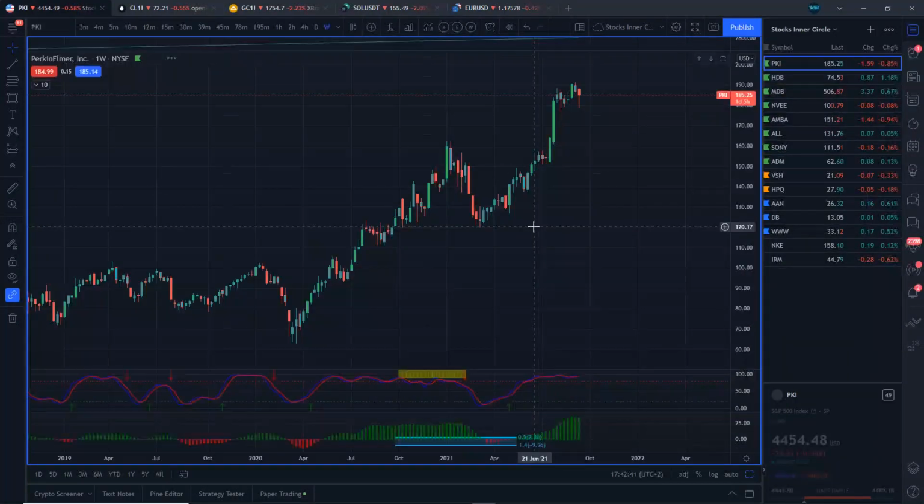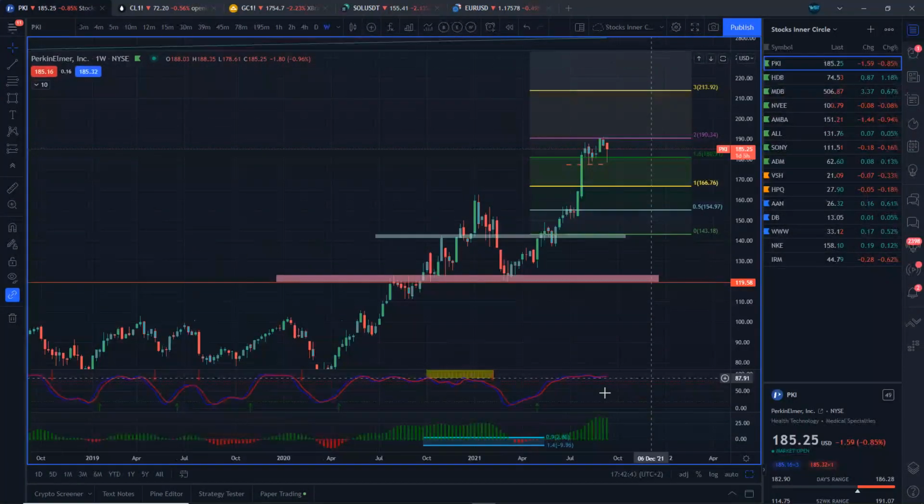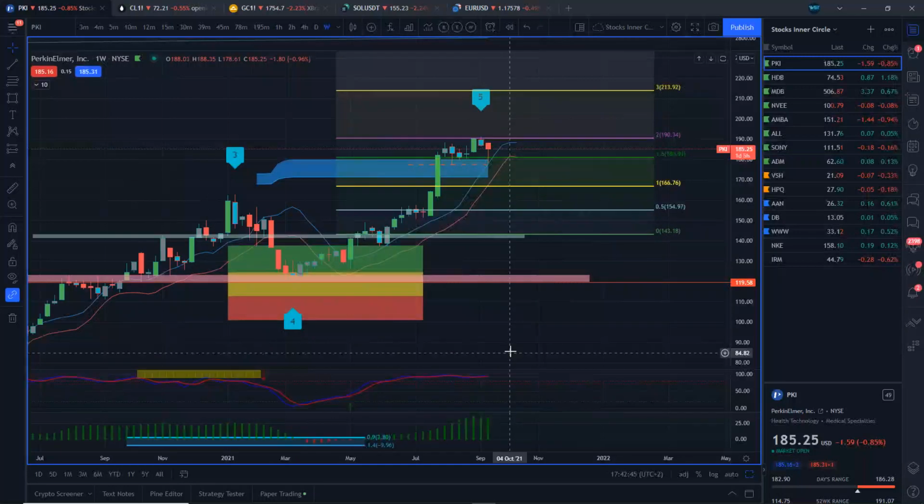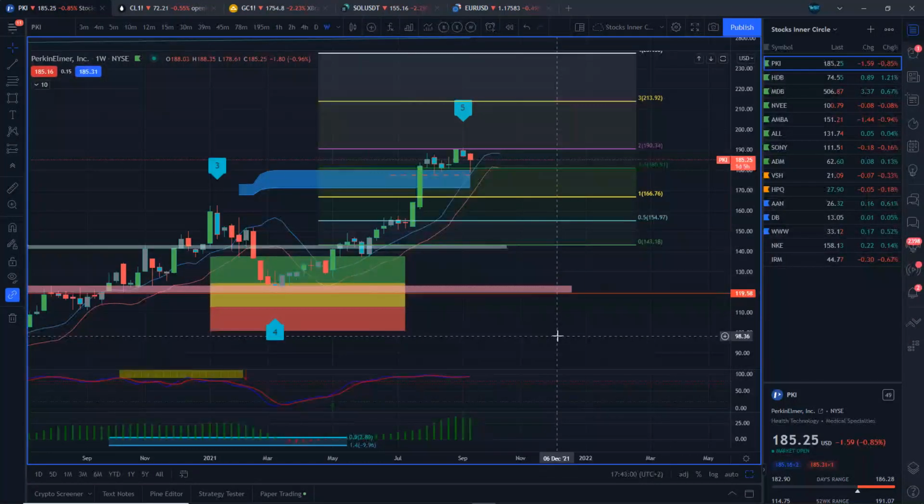One of the reasons why I stayed in PKI is that we had a real big high volume candle push through that 5th wave target zone. We've come back to test the support now. So this could continue, become longer than that original wave 3 and be reprinted as a wave 3. And I'm in a 3rd wave on a stock that I've been in since May, okay?